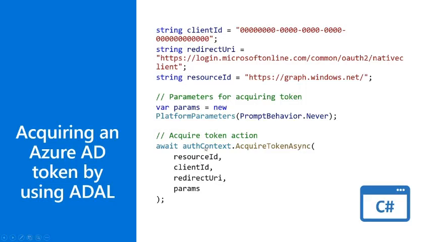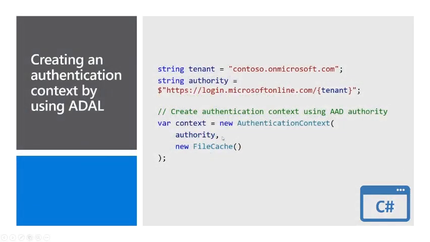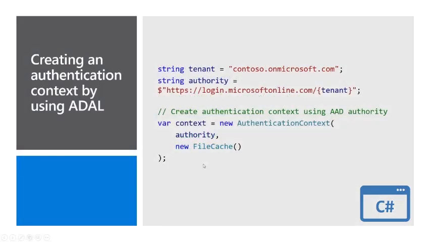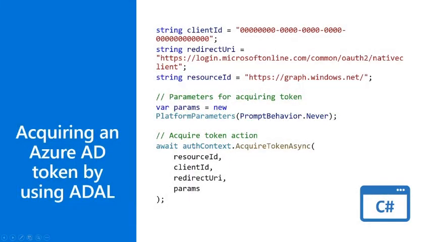You just say authContext.AcquireTokenAsync, because we always have the authentication context, and we will need this authContext everywhere to do all the operations with the Azure resources and ADAL.